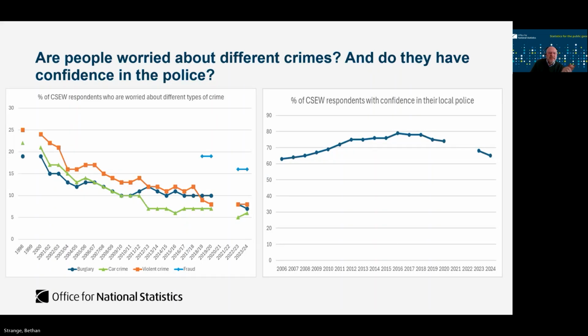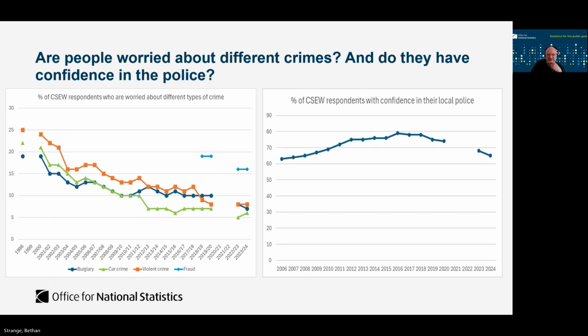So are people worried about different crimes, and do they have confidence in the police? Again, these are the types of questions that we ask in the crime survey. I've just picked out these ones. Back to the 1990s, some key crime types that we ask about: burglary, car crime, violent crime. And then more recently, we've introduced questions on fraud as well.